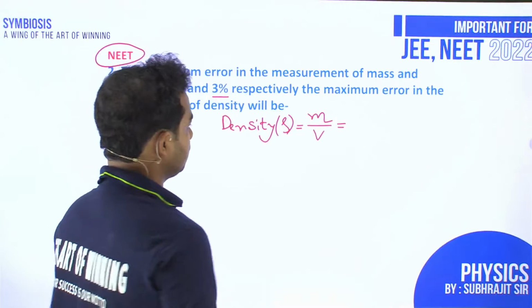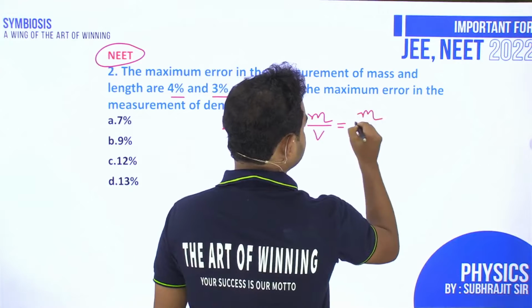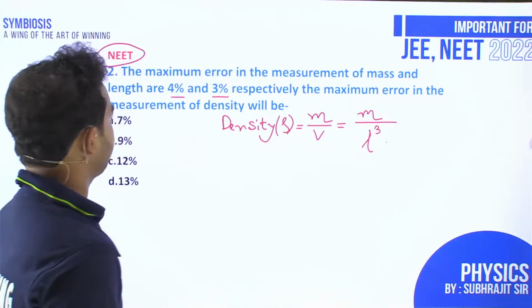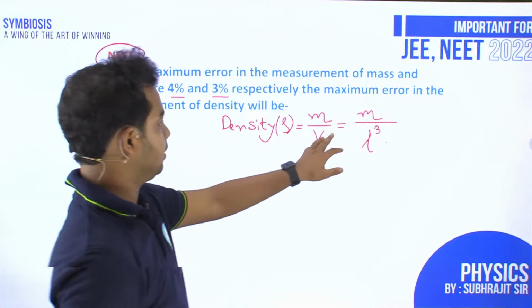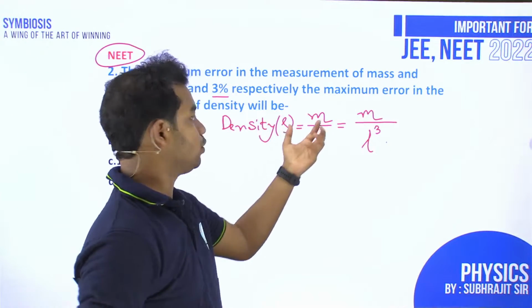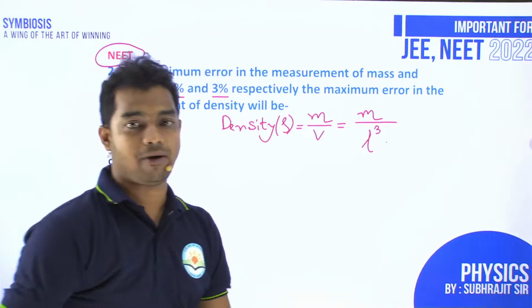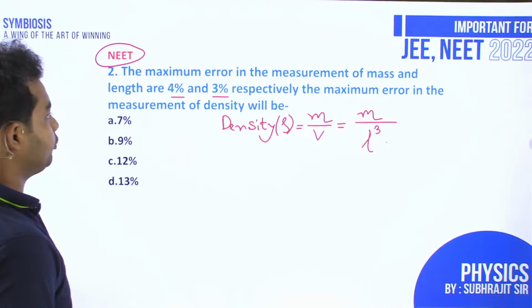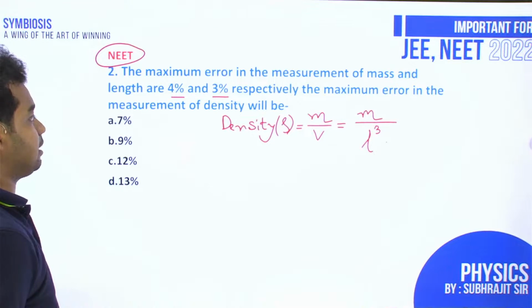Now we can write this volume as L cube. So density rho equals m by L cube. Now we want to find the maximum error in the measurement of density.